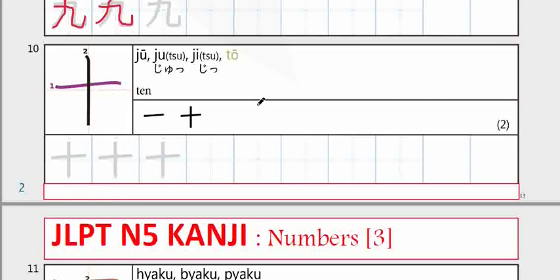Okay, now the kanji for number 10 is called ju or jyu in onyomi, and in kunyomi we call it to. Okay, so you can just add the counter, so it becomes jutsu or jitsu. Now it has only 2 strokes.